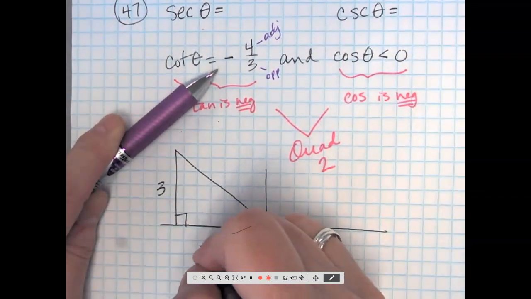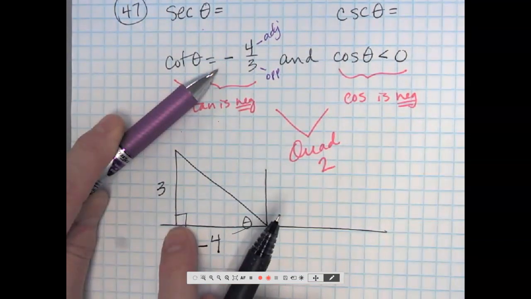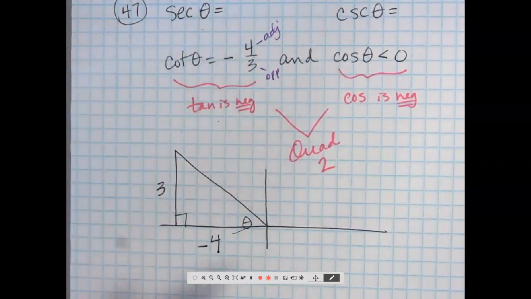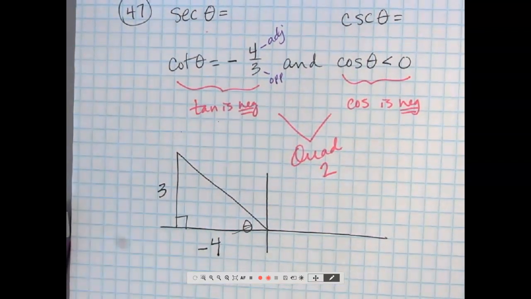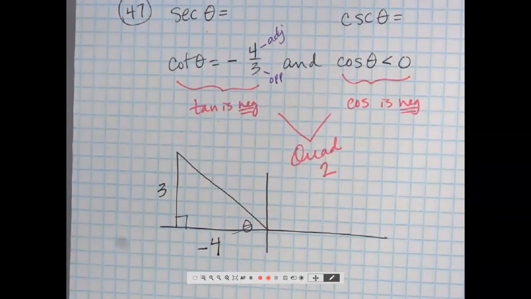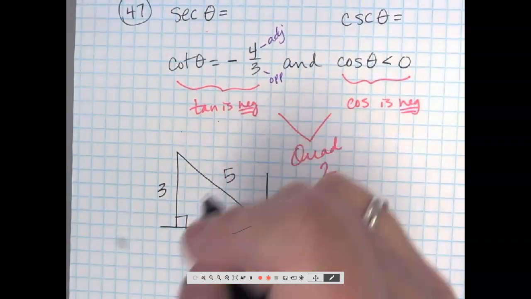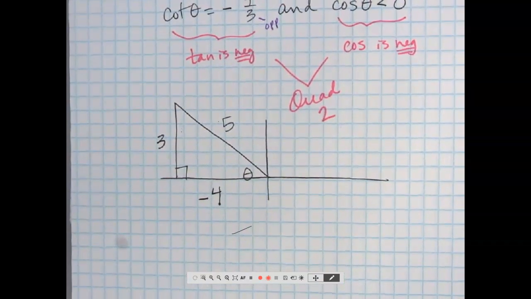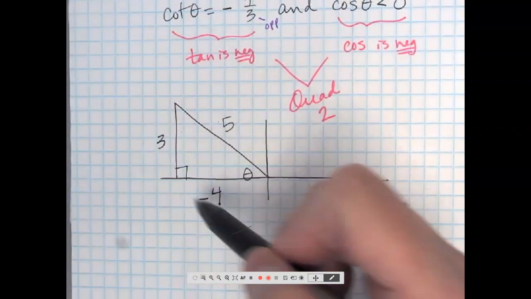It has to go with the 4 because left is our negative direction, 3 is a positive direction. So now I can tell you which one the negative is attached to. Okay, find the hypotenuse for me. 5. 3, 4, 5 is a popular, common Pythagorean triple because it's small and simple. So look for that. You'll see that pop up a lot.